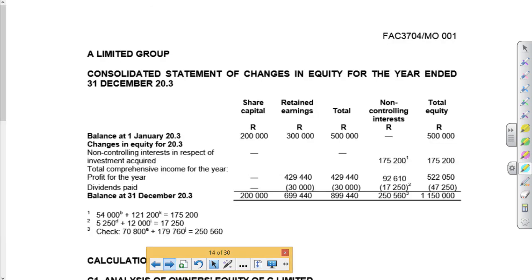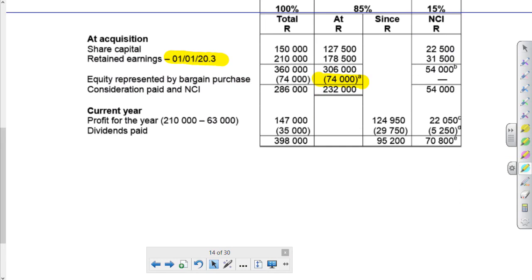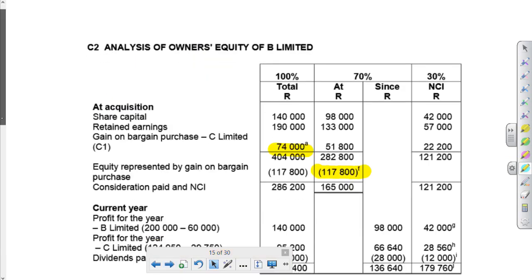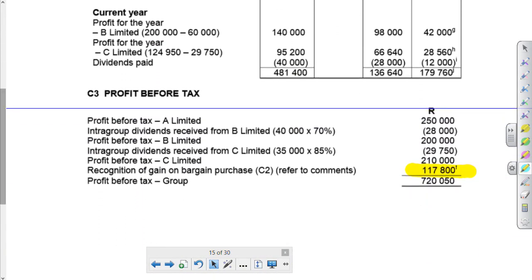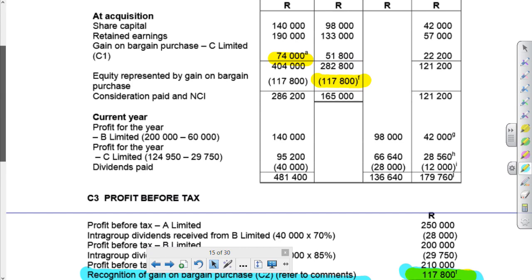Calc 3. Let's go have a look at Calc 3. There it is. Bargain purchase, 117,800. What you'll see is that they do a funny thing where they work out a slightly different bargain.